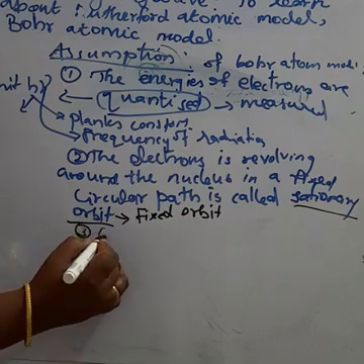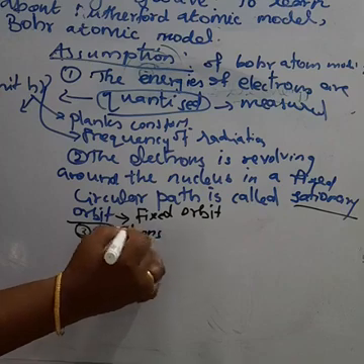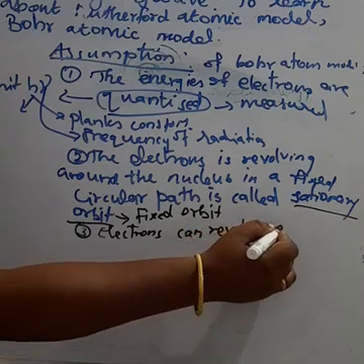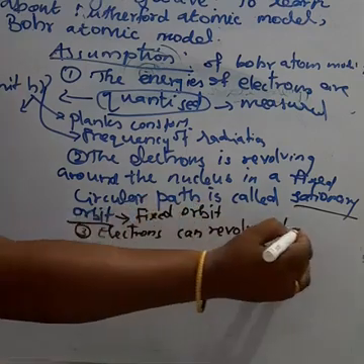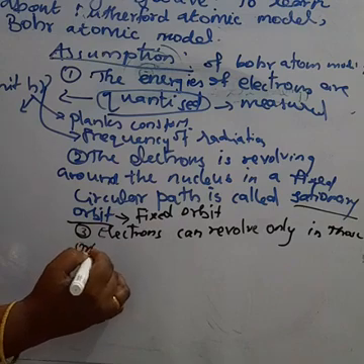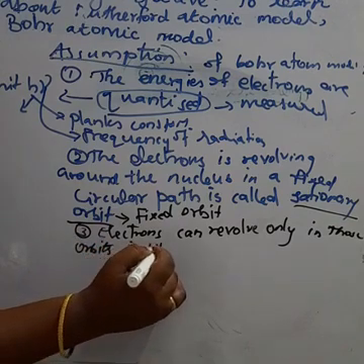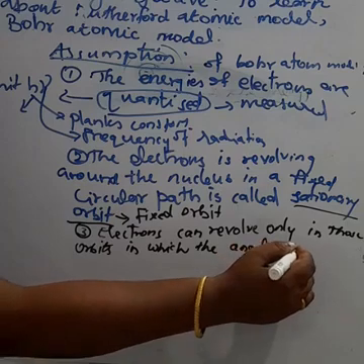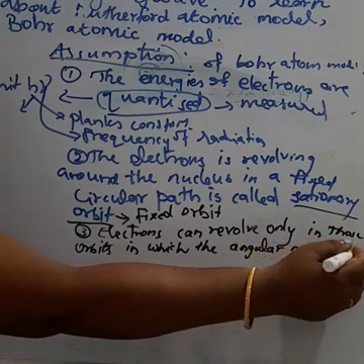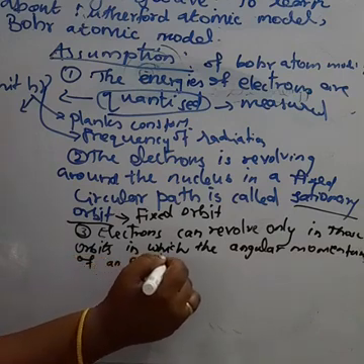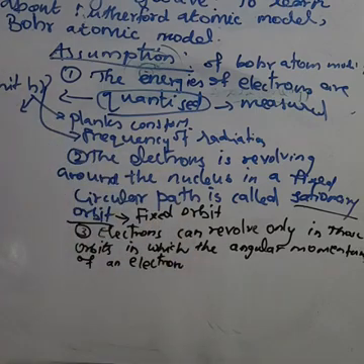The electrons can revolve only in those orbits in which the angular momentum of an electron is... What do you mean by angular momentum?